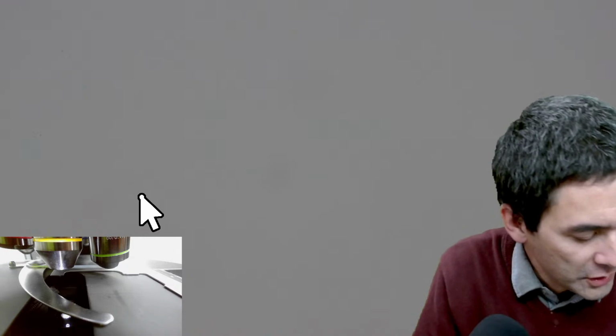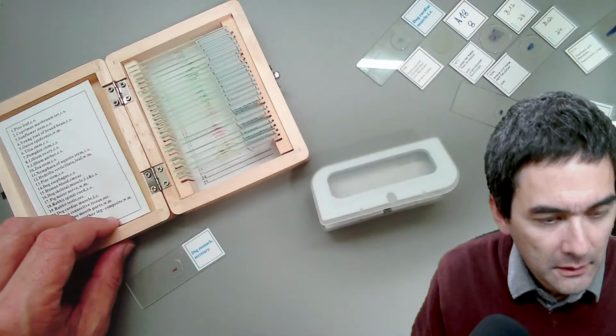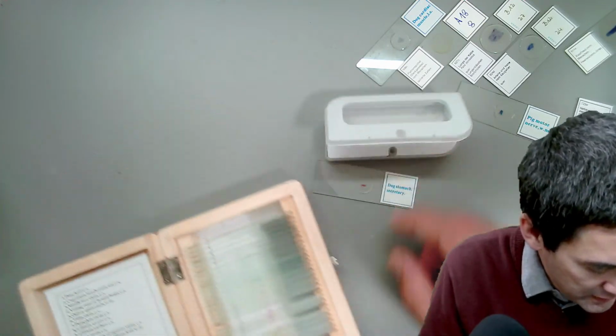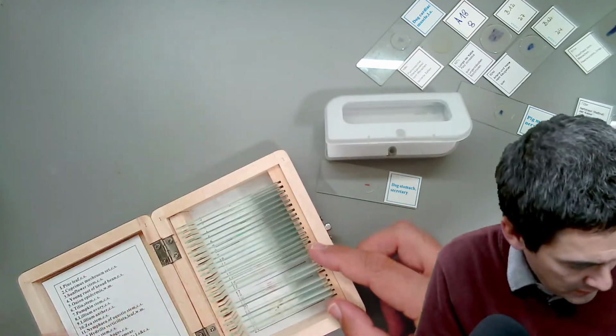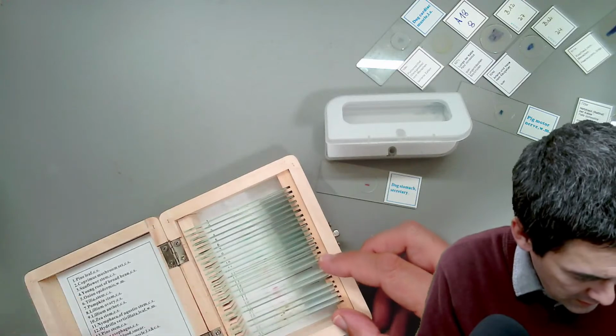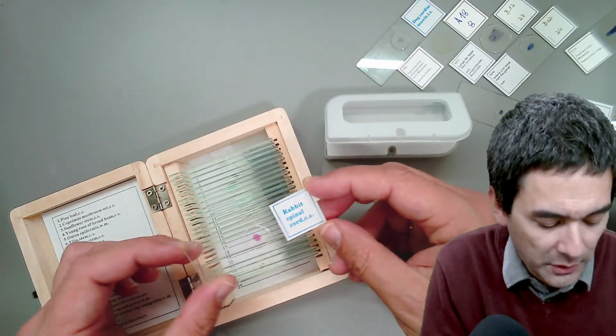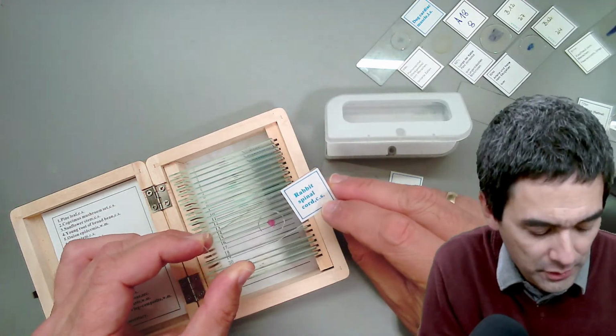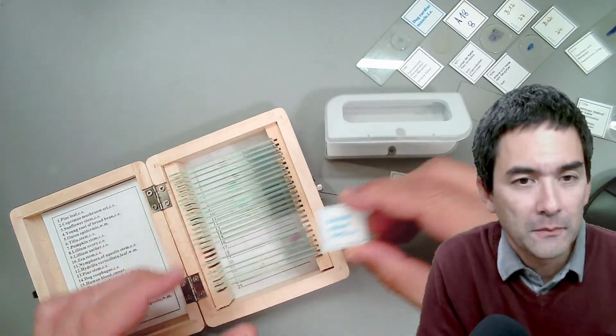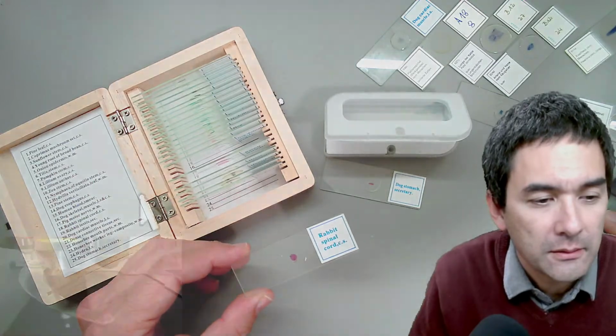So there was the question about the spinal cord, number 18. Let's have a look at this here, and I've got to find it. 18, where's the spinal cord? Okay, rabbit spinal cord. CS means cross section. Okay, so let's have a look here.